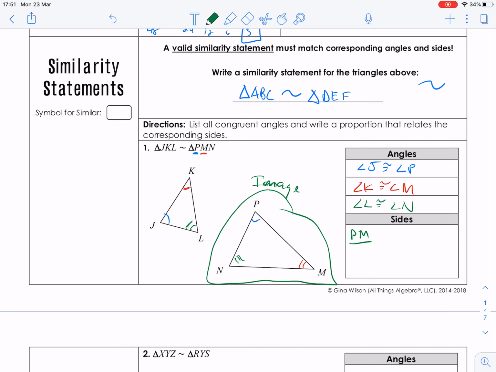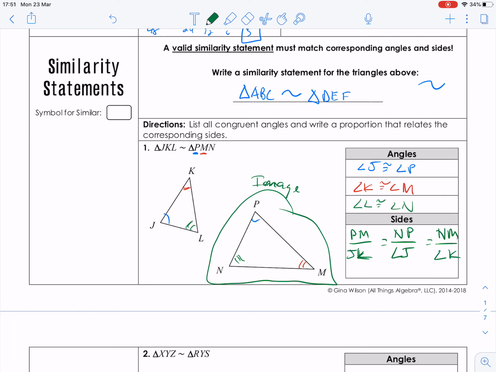So blue and the red would be JK. And then let's go NP. NP is the green and the blue. Green, the blue is LJ. And then we are going last side, NM. And NM is the green and the red. Green, the red is LK. And those all should be the same.